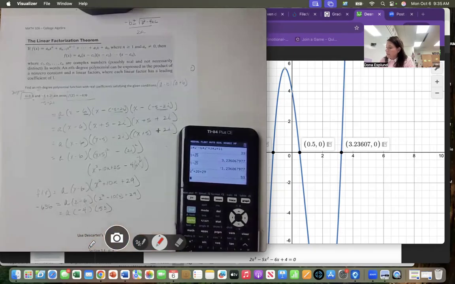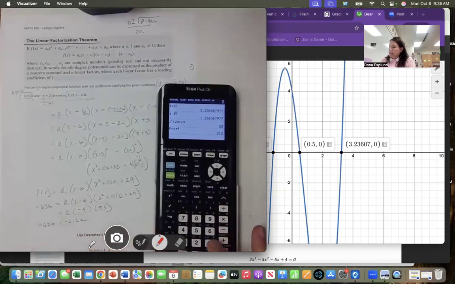So 53 times -4 is -212. So I have -212 times a is equal to -636. So now if I take -636 divided by -212, I know that I'm going to get a positive 3.